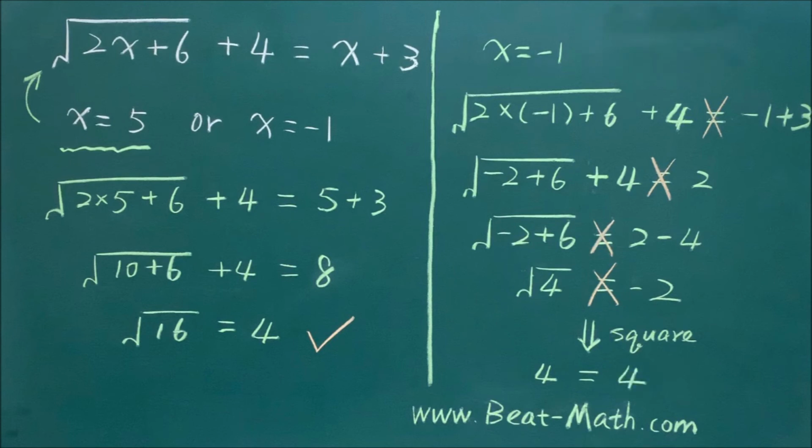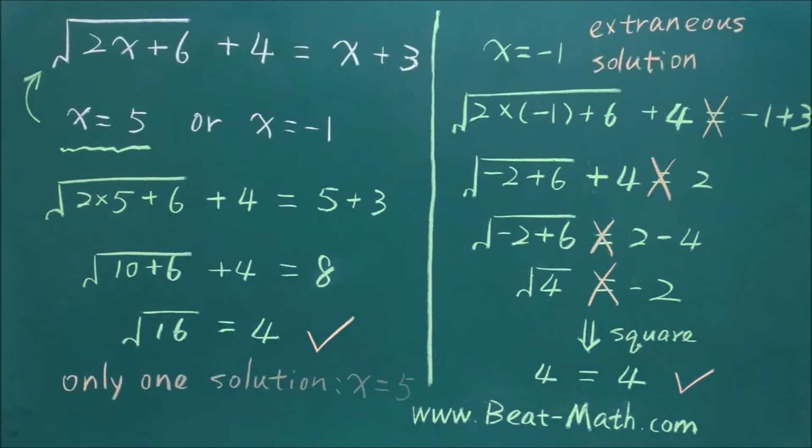The new equation turns out to be correct. X equals -1 is the solution of the new equation, but not the solution of the original one. It is called an extraneous solution. Therefore, when solving square root equations, remember to always check your solutions in the original equation to discard the extraneous solutions.